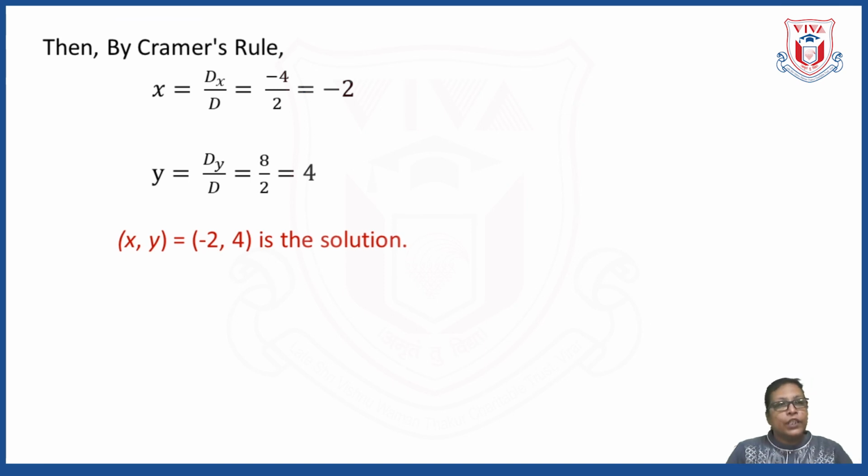Okay. So in this way we have completed two methods, that is graphical method and Cramer's rule. So in all now you know 5 different methods to solve the simultaneous equations or the linear equations in two variables. The first method is the elimination method. Second method is the substitution method.